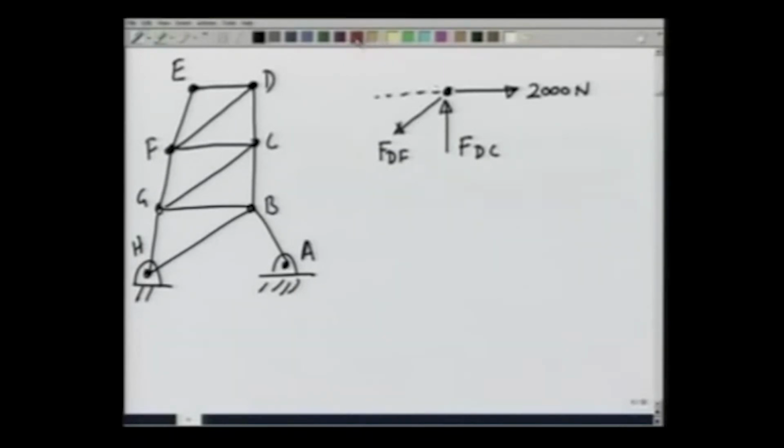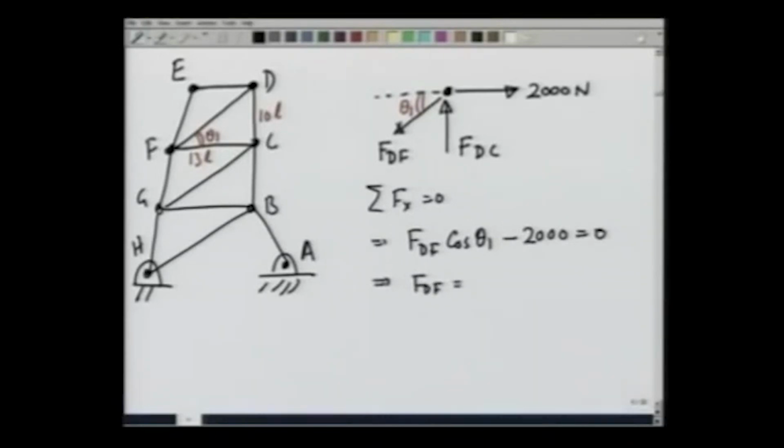Let this angle be theta, and that will be the same angle as this. This is 10L, this is 13L. Let me in fact call it theta 1, because I am going to require other angles later. By summation Fx equals 0, I get FDF cosine of theta 1 minus 2000 equals 0, and that gives me FDF equals 2000 over cosine of theta 1.